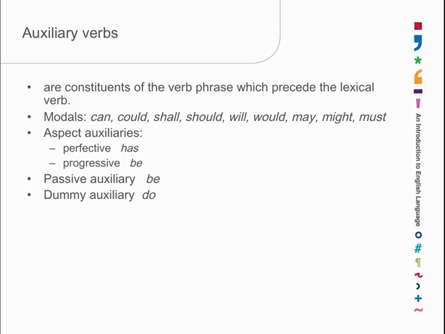Occasionally, when none of the other 3 or 4 auxiliaries turn up, we get an auxiliary like do. John does cook. But that's mutually exclusive with the others. So it only turns up when none of the others turn up. So we have rather a complicated set of things on the left, rather like we had with the noun phrase. You'll remember we had all sorts of little closed set items that could come ahead of the noun in a noun phrase.